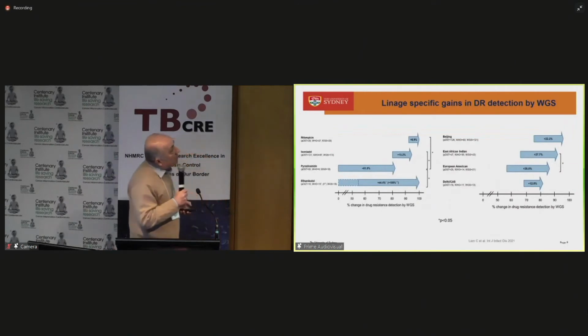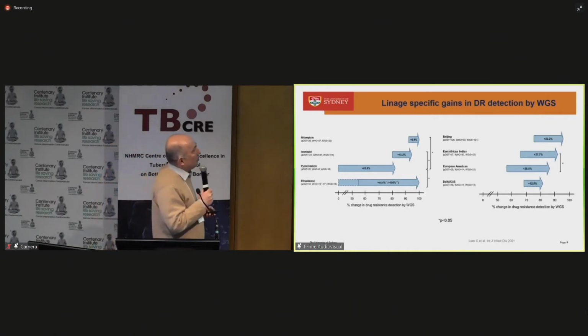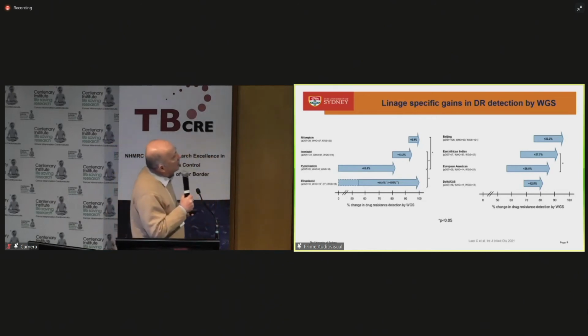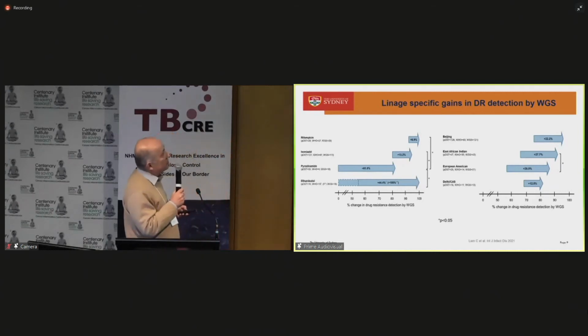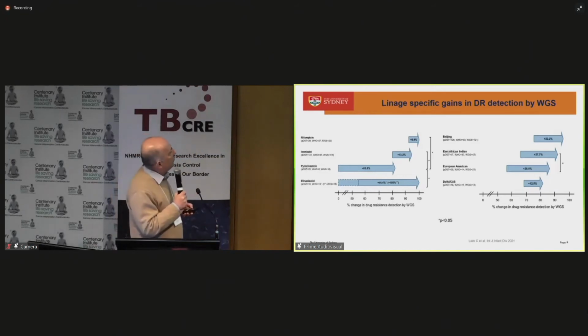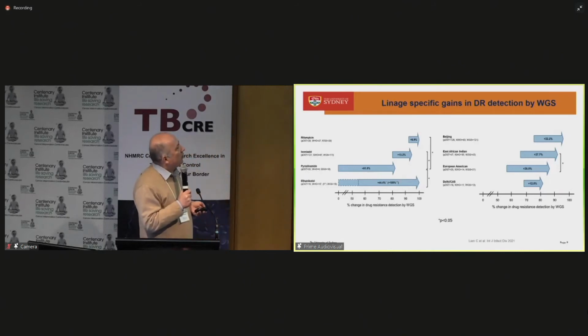We also quantified the impact of whole genome sequencing in comparison to GeneXpert or Hain assay. You add almost 7% of additional resistance detected by whole genome sequencing, and 44% is gained for ethambutol, because ethambutol markers are not included in those assays, and pyrazinamide is a very significant gain for whole genome sequencing.